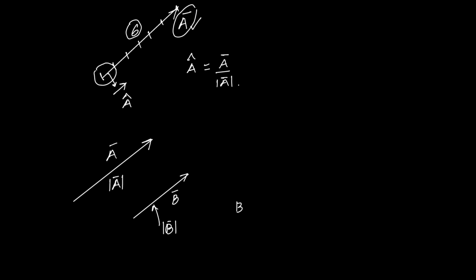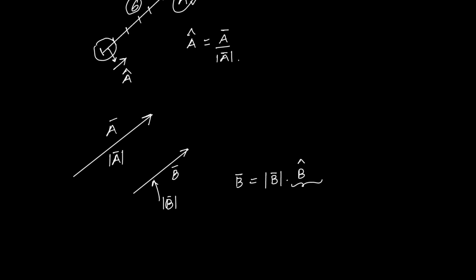So b vector can be written as mod b into a unit vector in the direction of a, like this. Since b and a are parallel, their unit vectors are the same, because unit vectors have magnitude 1 and directions are the same. Therefore, the unit vector along b is the same as the unit vector along a.